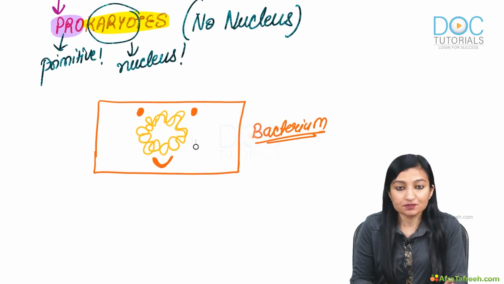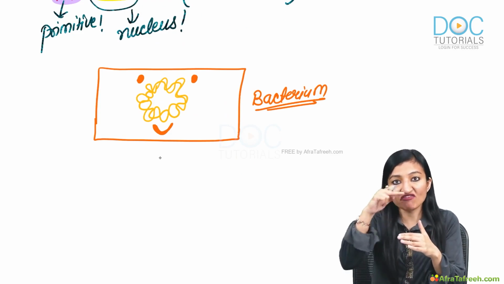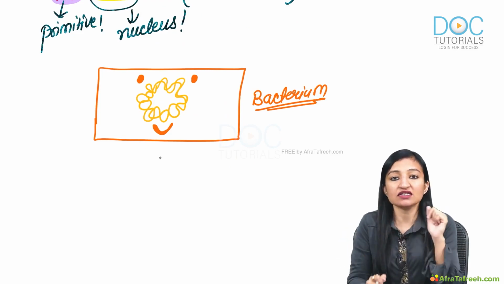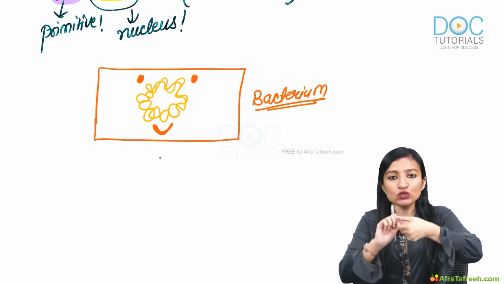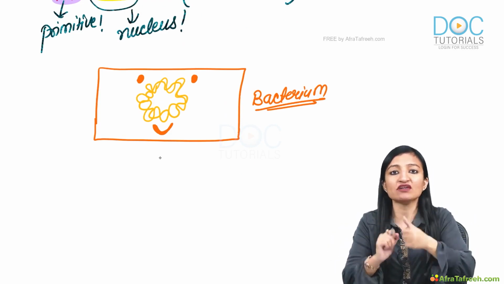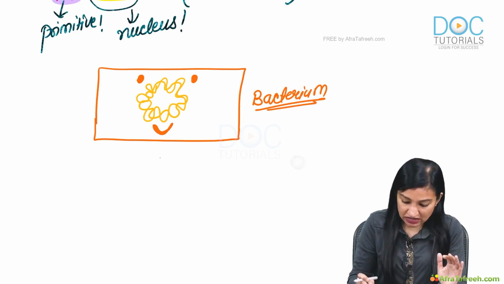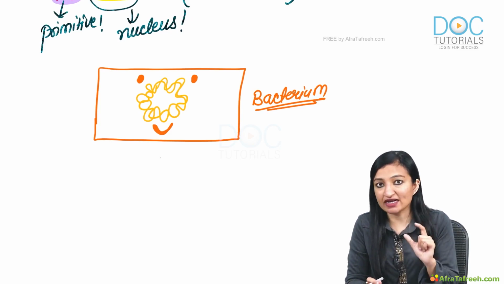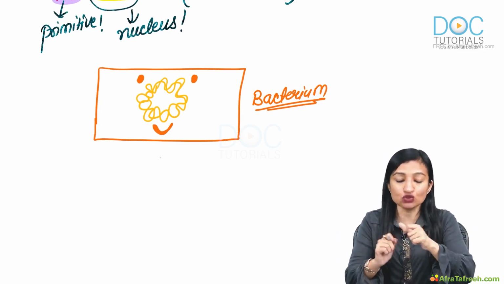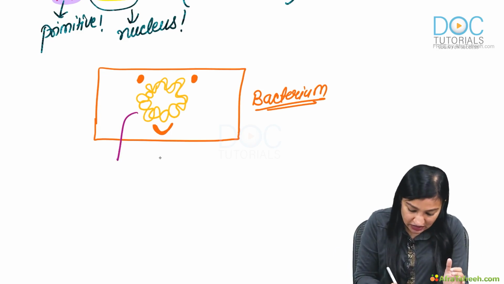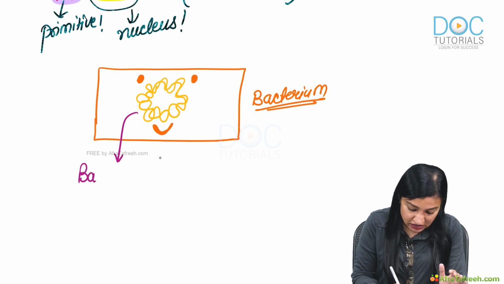I have drawn two circular wavy structures, looking like two Maggi noodles. Imagine these two strands are intertwined, nicely wound into each other. What is this representative of? This is nothing but the bacterial genome.